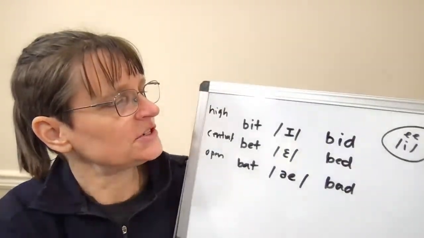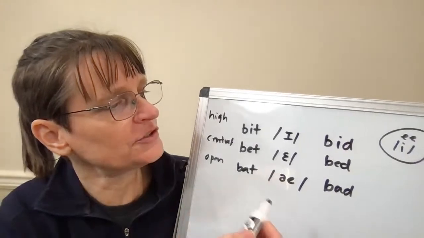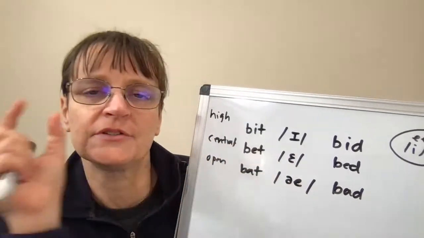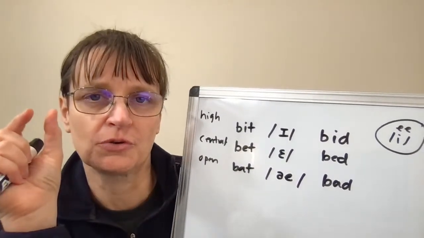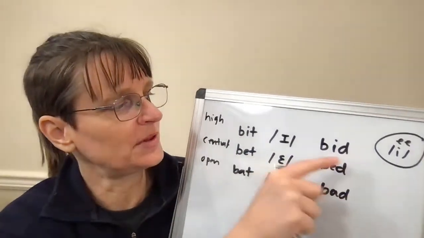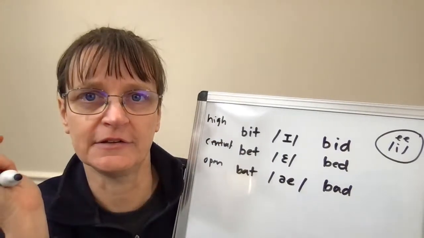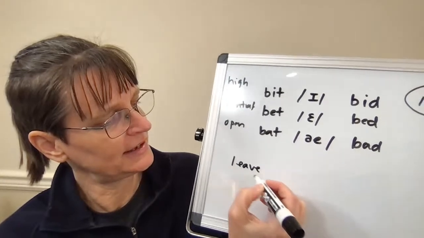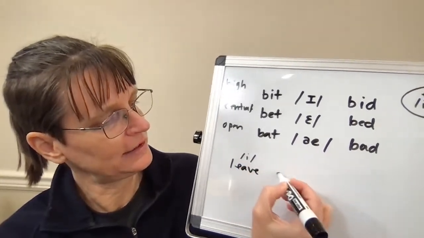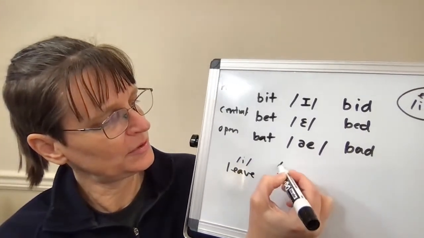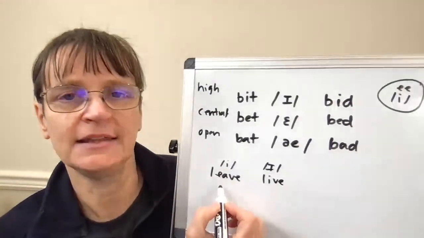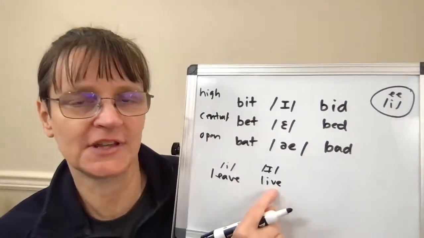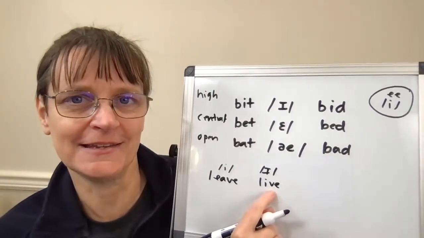And then I also wanted to talk about a strategy that people will use, which is to say these vowels quickly, to do them with a short duration. So for example, if they're trying to say a word like live, and they know that they might have a tendency to say it more with the E vowel, like leave, what I'll hear people do is they'll say leave, and then they'll try to say it again shorter to say live, but it ends up sounding like leave.